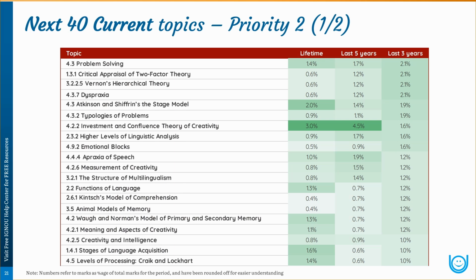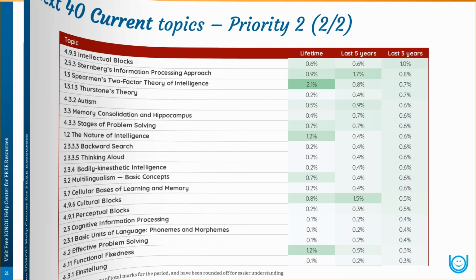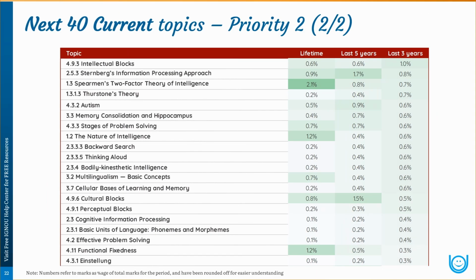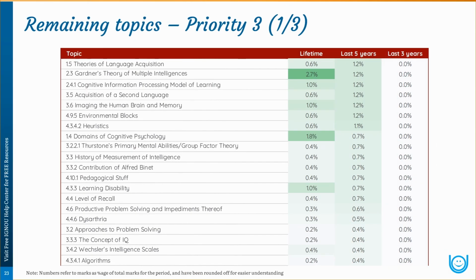Take a screenshot. You can take a screenshot of this as well. In the following pages, you can see the list of the remaining topics from which questions have been asked in the past. The list is very long and you can see that the weightage is very less. You should study these topics if you have the time.